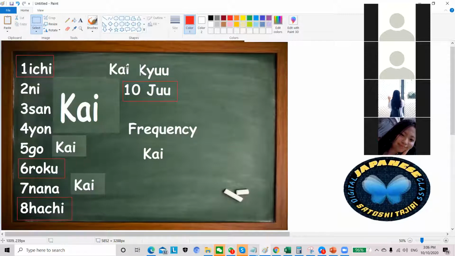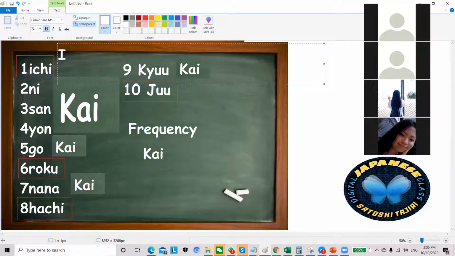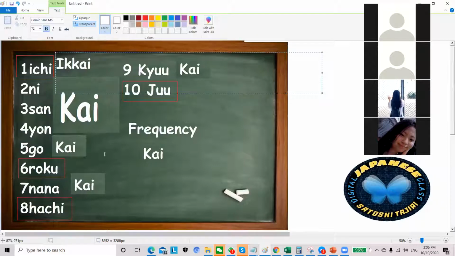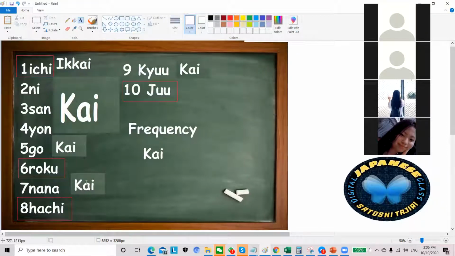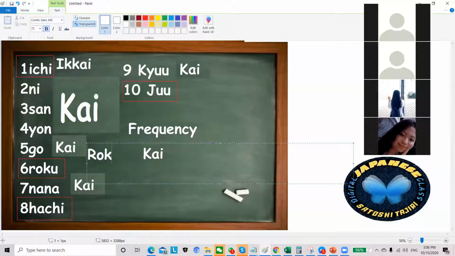Followed by our 9, we have kyukai. But we have for our exemption, for our number 1, it will change. We don't say ichikai, it will turn to ikkai. Ikkai. Then for our 6, we don't say rokukai, it will become rokkai.